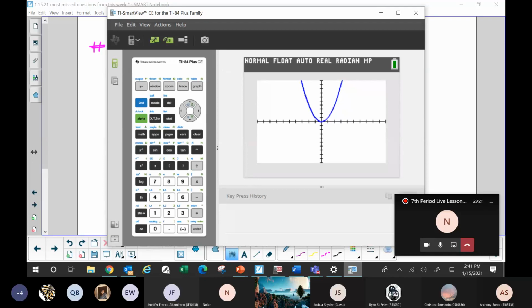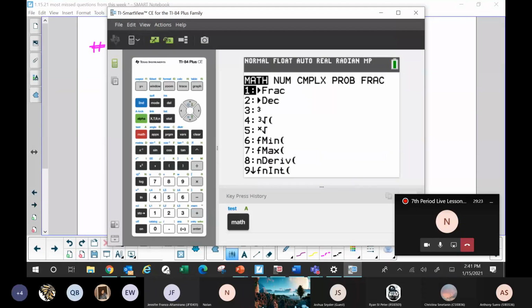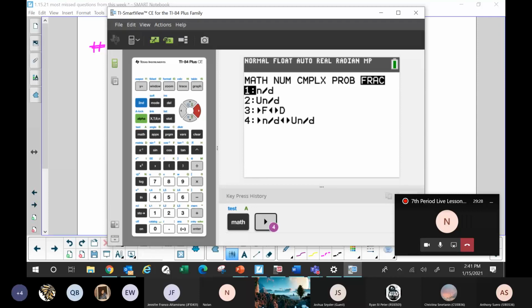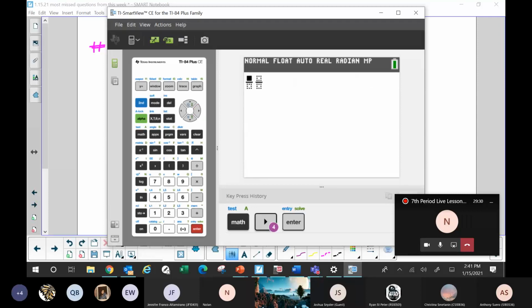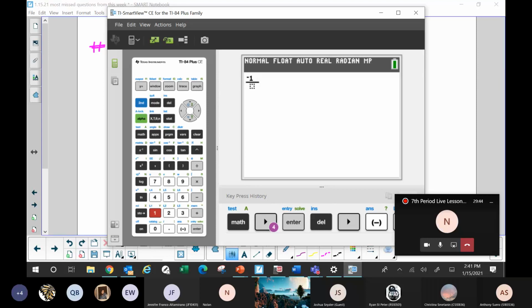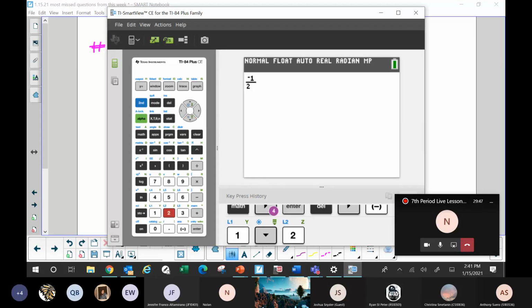If you've got your calculator, I can show you how to do this here. Go to the math button, arrow all the way over to fraction, and hit enter. Okay, so the first fraction, we have negative 1/2 and then times 1/4.